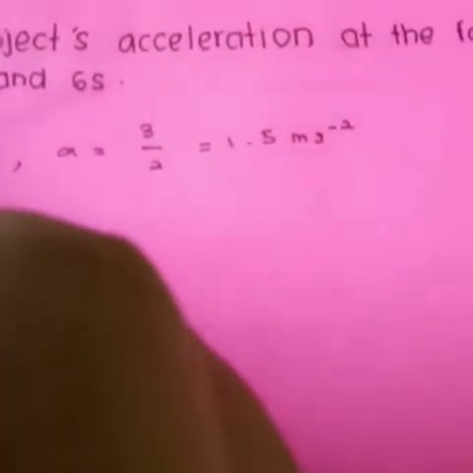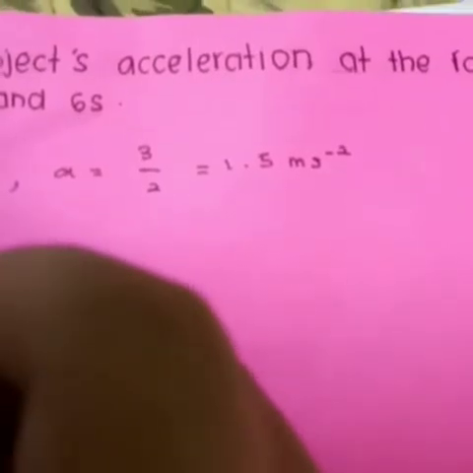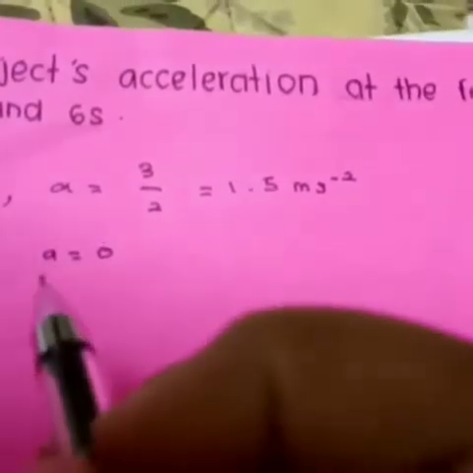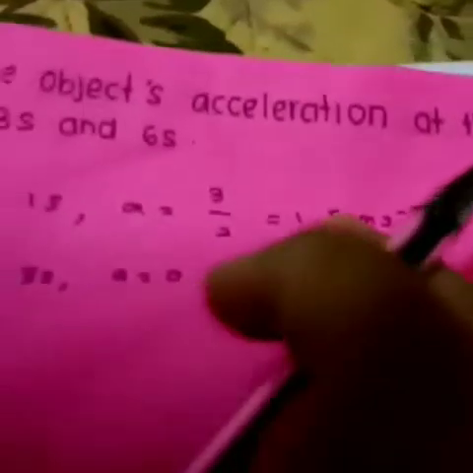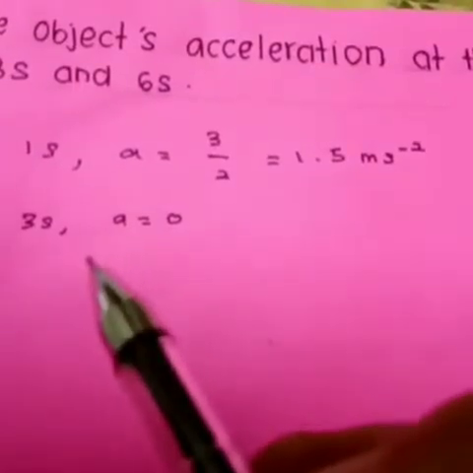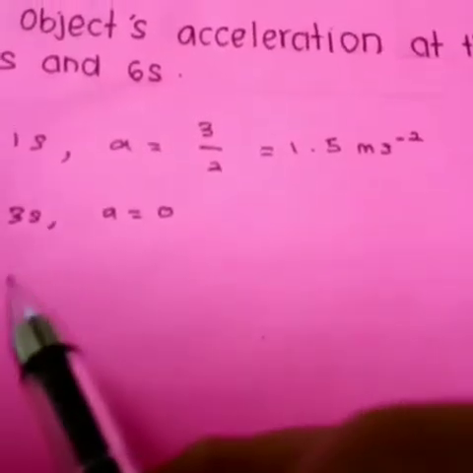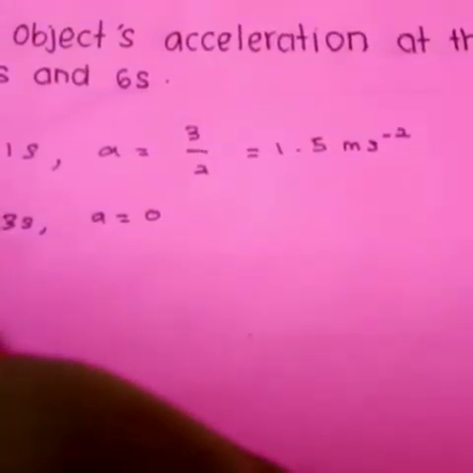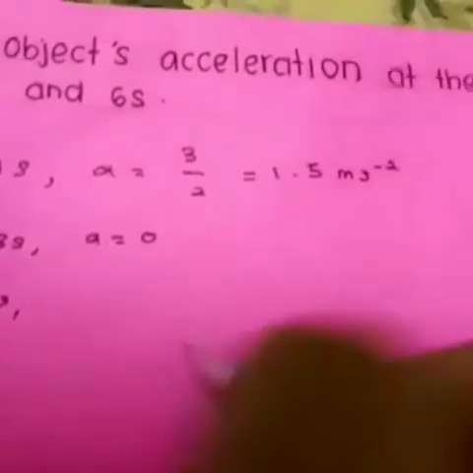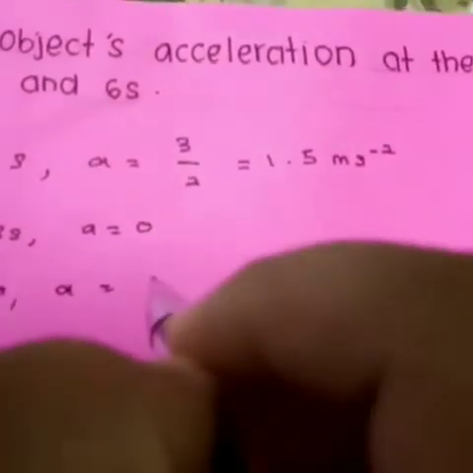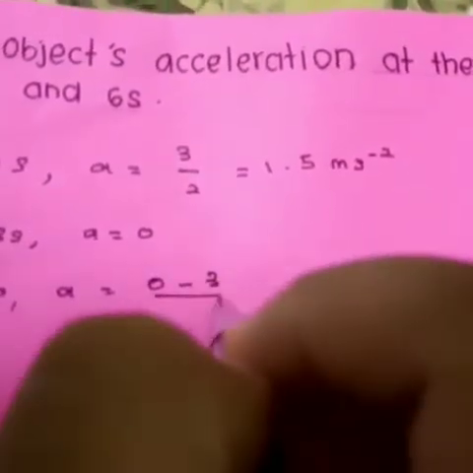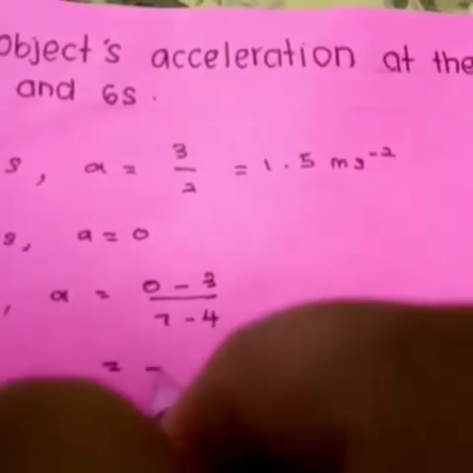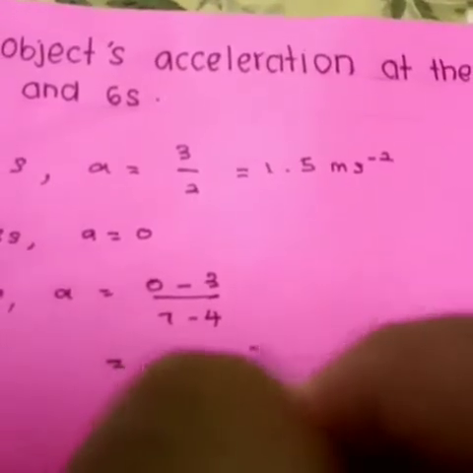So for t equals 3 s, the acceleration is 0 because at that time the object is at rest, so the acceleration is 0. So for t equals 6 s, the acceleration is 0 minus 3 over 7 minus 4. So the answer is -1 m/s^2.